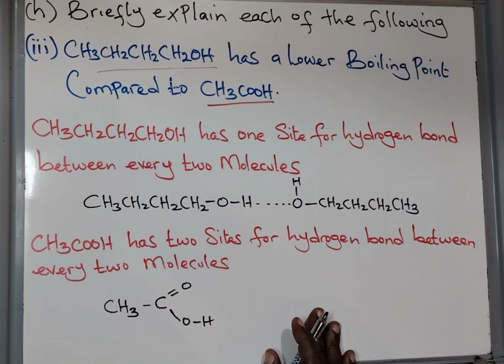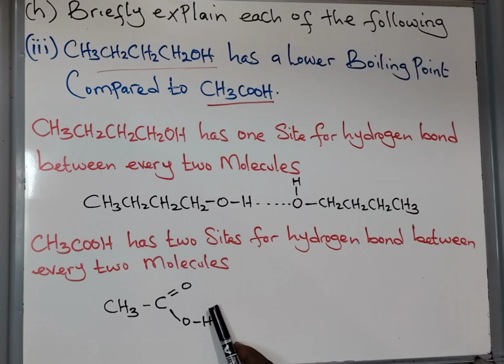You have to know that a hydrogen bond is between a hydrogen atom and another electronegative atom, but the hydrogen atom must be attached to a very electronegative atom.